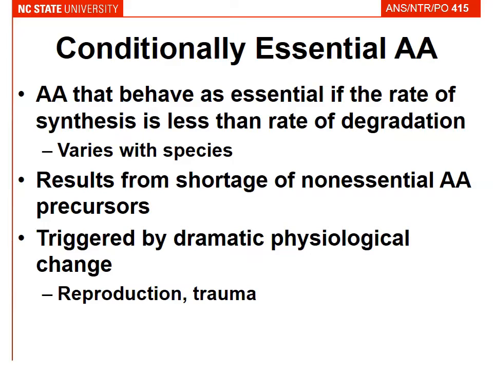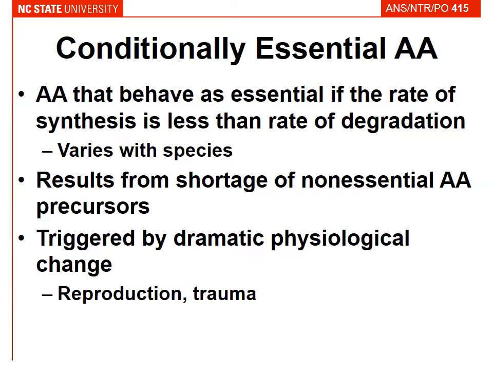But the vast majority of the conditionally essential amino acids are coming from non-essential amino acids. Usually you're going to see these deficiencies of these conditional essential amino acids when you have a major physiological change in the animal. Most notably, this is going to be related to reproduction. So an animal becomes pregnant.